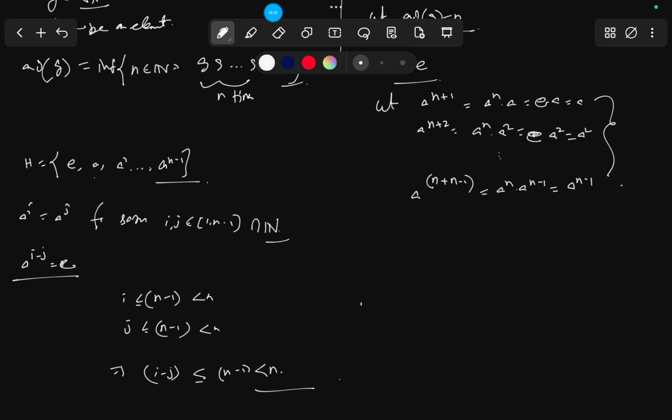But a power i minus j is the identity, and n has to be the least with this property, so n has to be less than or equal to i minus j.